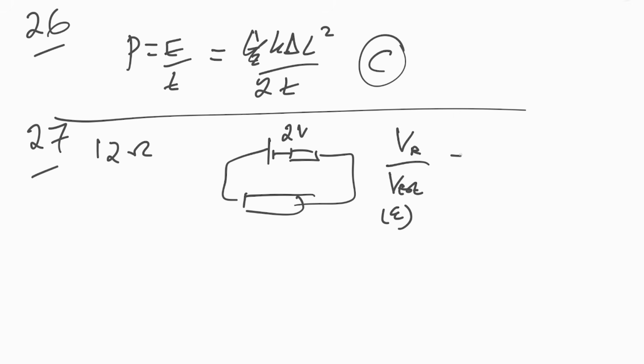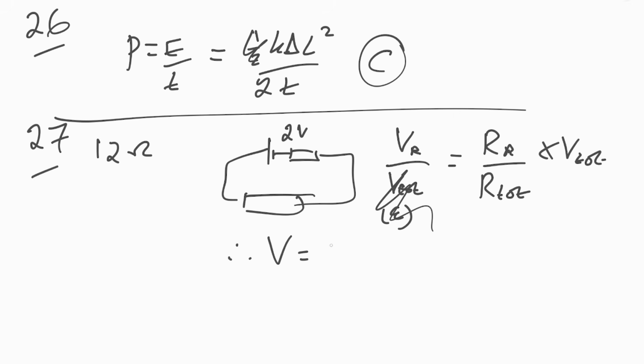Is equal to the resistance of the resistor divided by the total resistance. So I'm just going to multiply that by V total. So therefore V is equal to resistance of the resistor divided by total resistance, which is 16, times by 2 volts. And you can ballpark this one as well, let's be honest. So it's just 3/4 of 2. So it's just going to be 1.5. So I think the answer is D.